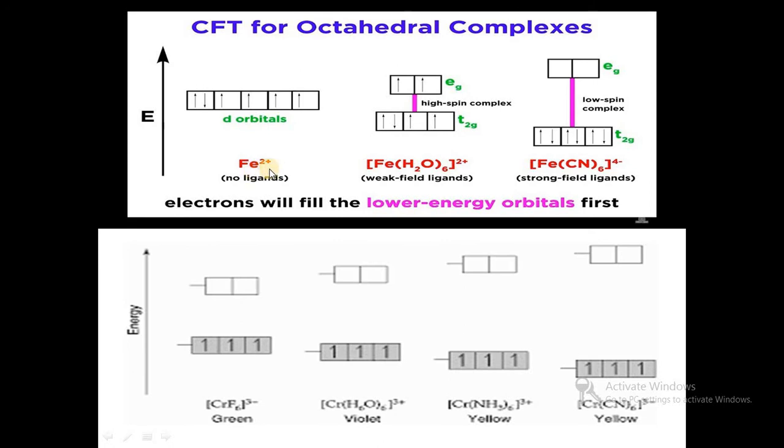For example, in the case of Fe2+, which is a free metal ion, there is no ligand interaction. The atomic number of iron is 26 and its electronic configuration is argon 3d6 4s2. But in Fe2+, ferrous, the electronic configuration is argon 3d6 4s0, having 6 electrons distributed in the 5 d orbitals as shown in this first diagram.